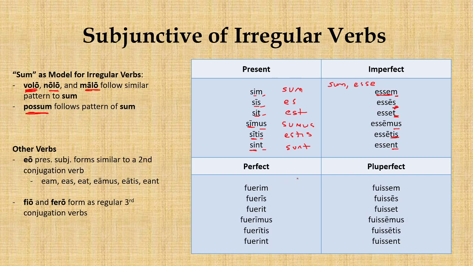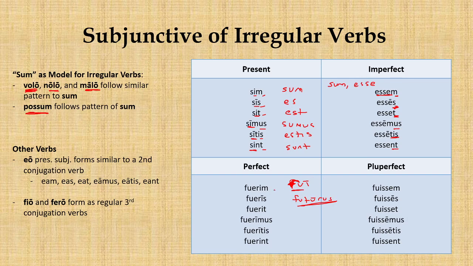And then it's very similar for our perfect subjunctive. If you'll recall, our perfect stem for sum is fu-, as in fui. It's formed off of a different root, but it's still the same verb. It just uses fui instead, similar to how the future participle is as well, futurus.